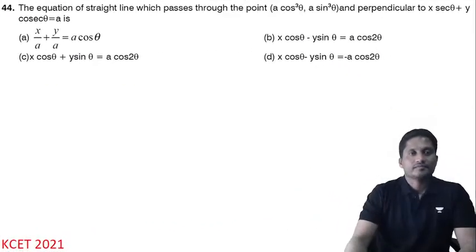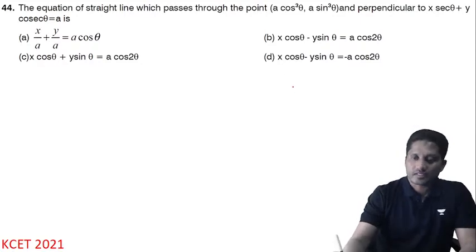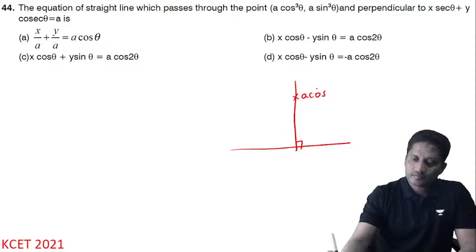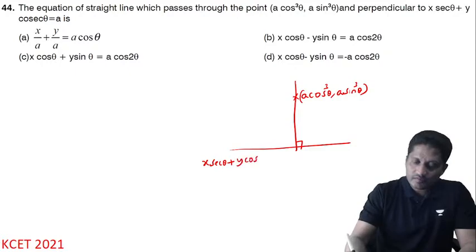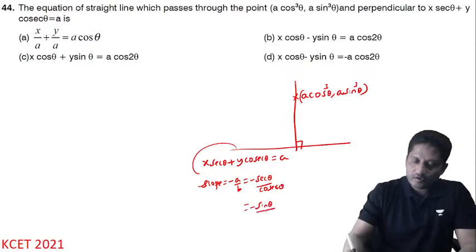Right. Question number 44. The equation of a straight line which is passing through the point A cos cube theta, A sin cube theta, and perpendicular to the line x sec theta plus y cosec theta is equal to A. Slope of this line is minus A by B, which is equal to minus sec divided by cosec, which is equal to minus sin upon cos.